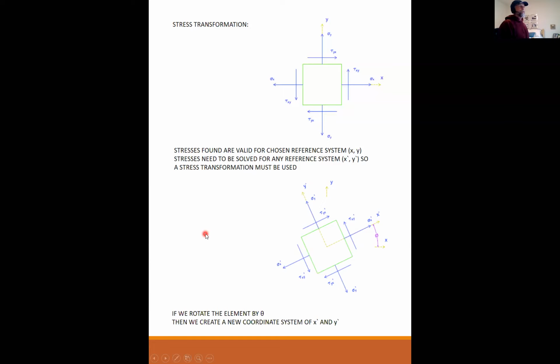And the reason why this may be important is from the equations that we've learned so far, where the normal stress is equal to P over A plus or minus My over I. That gives you normal stresses. And tau is equal to VQ over Ib.